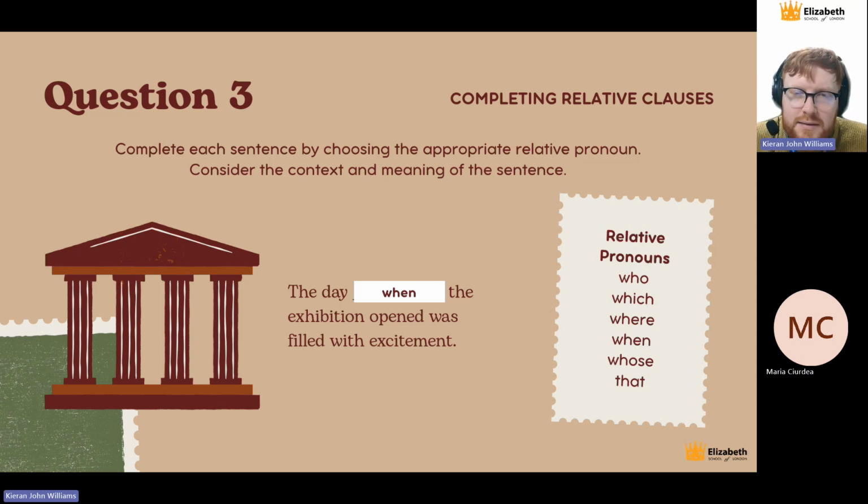It's talking about day. So if we're talking about a time, which word would we use? When. Good. So the relative pronoun always describes something before it in a sentence. Because it describes day, it's talking about a time, so we use when. Good work.